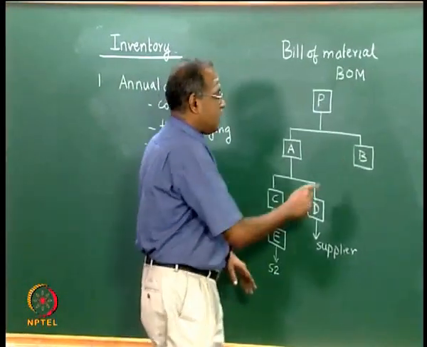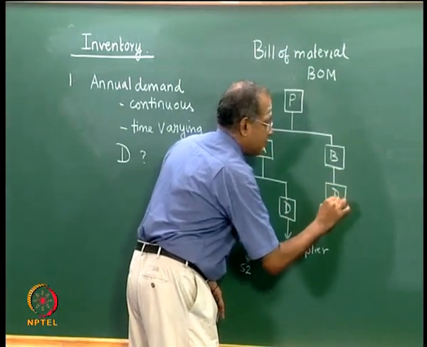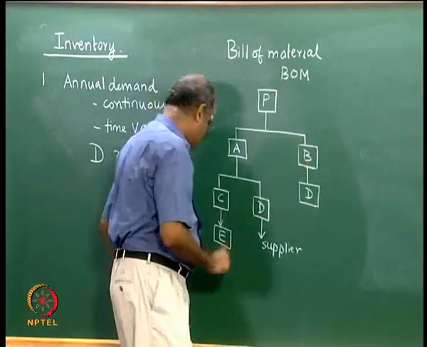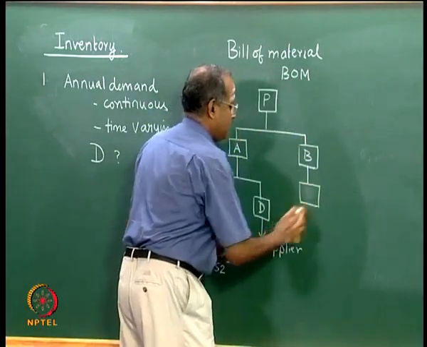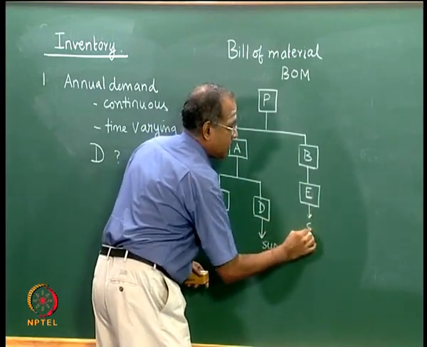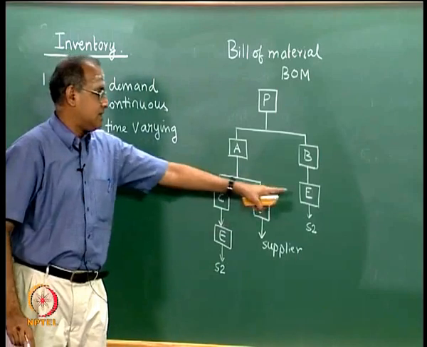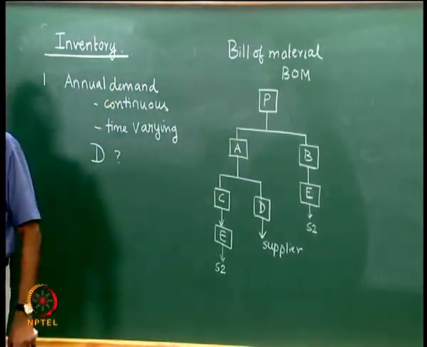And only for the sake of illustration, B, let us say, is made out of E, E comes from the supplier S2, and then E is machined, and then it becomes B, which goes to the assembly.